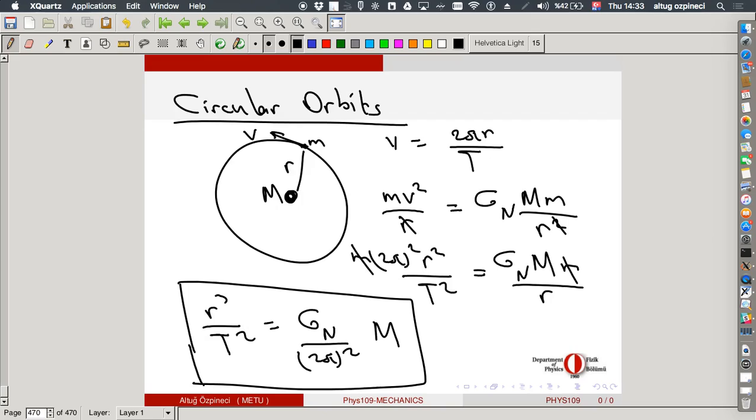And this is, by the way, also how you can measure the mass of the sun. From the planets. Well, you know, for example, how long it takes for Earth to rotate around the sun. If you can determine the radius of the orbit of the Earth, you know Newton's constant, then you can determine the mass of the sun.